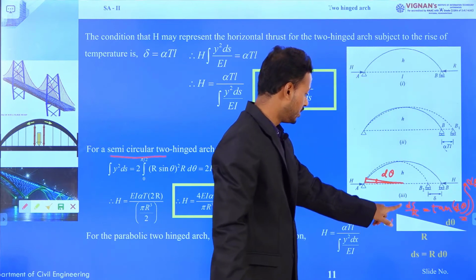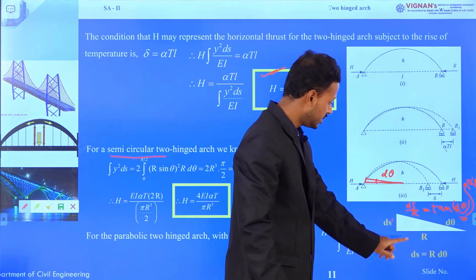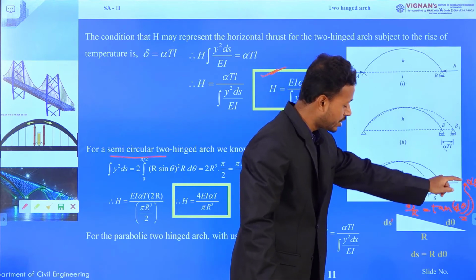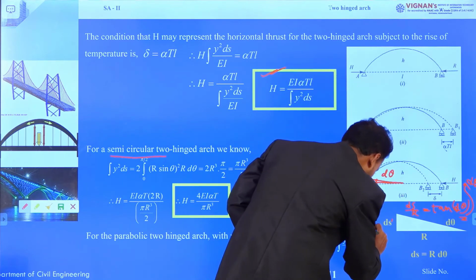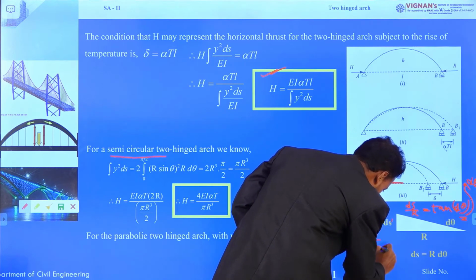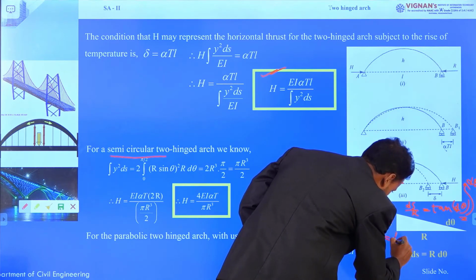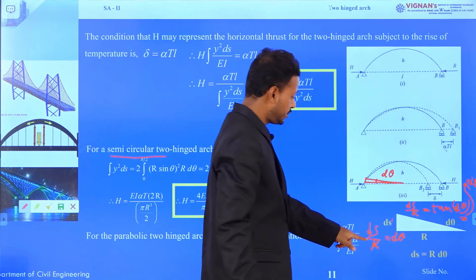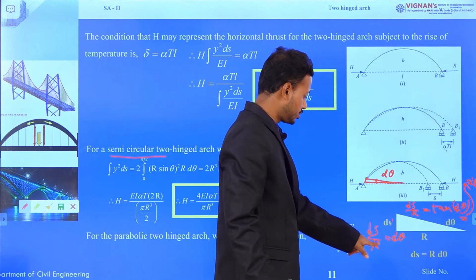So we have ds by r equals to d theta. Therefore ds equals to r into d theta.